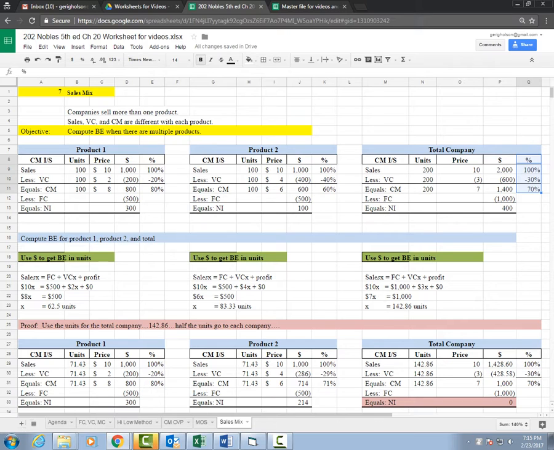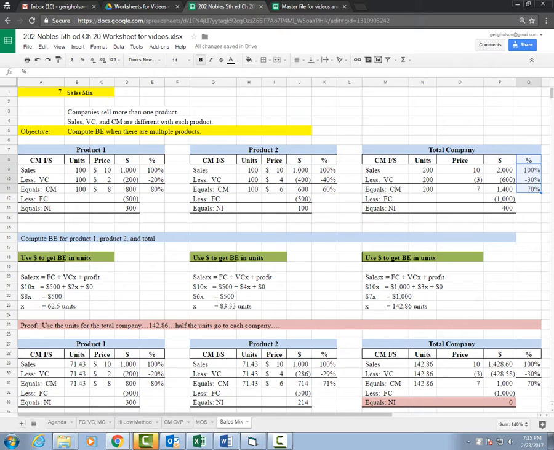What we're going to do is compute a break-even for product 1, a break-even for product 2, and then a break-even for the company as a whole, using the respective percentages or units or dollars. I think we're going to work dollars each time right now.